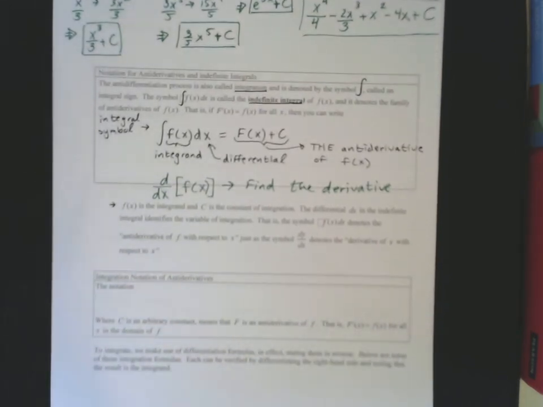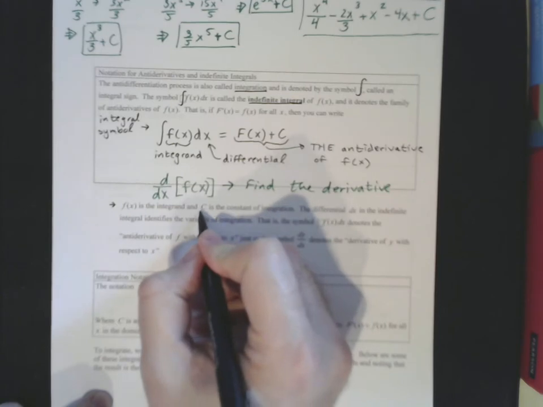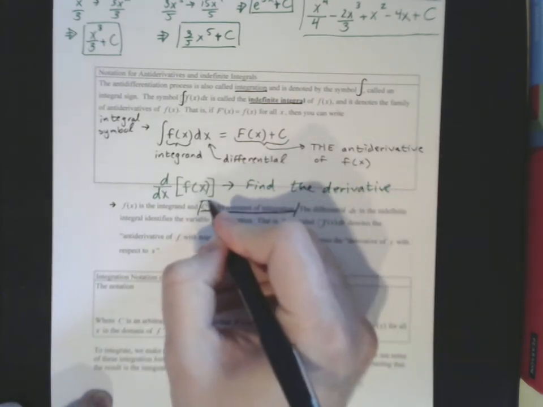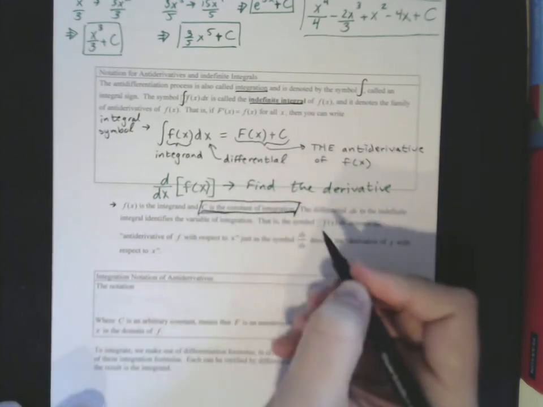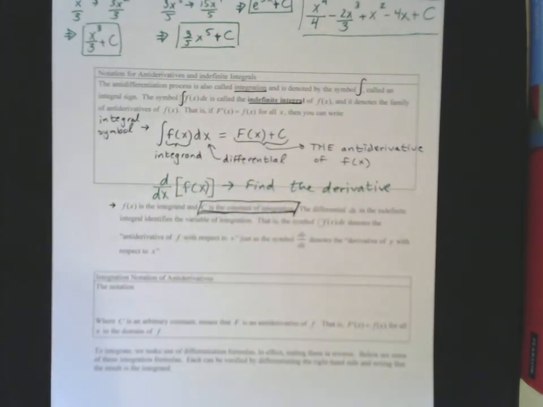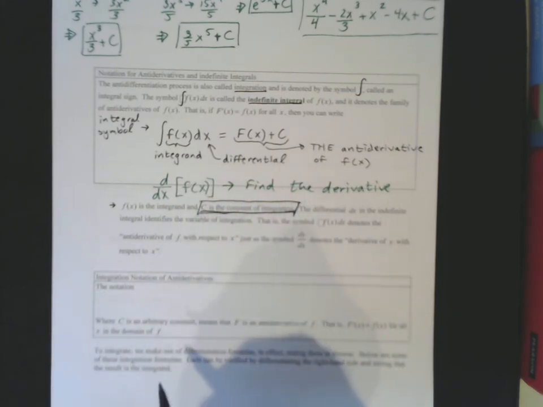So because of this terminology, integrals and integration, f of x is the integrand, as we said, and that c, its special name, is the constant of integration. And that's because you are integrating and you don't know, it's indefinite, so you're not sure what antiderivative you want. And so the constant of integration is what accounts for that. That's what its name is.